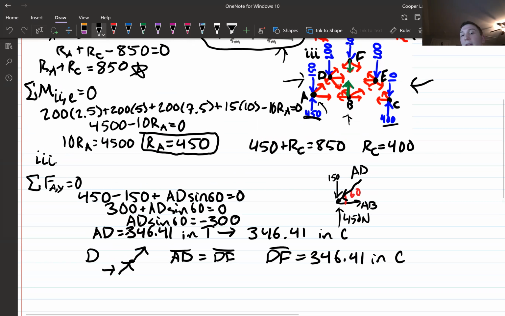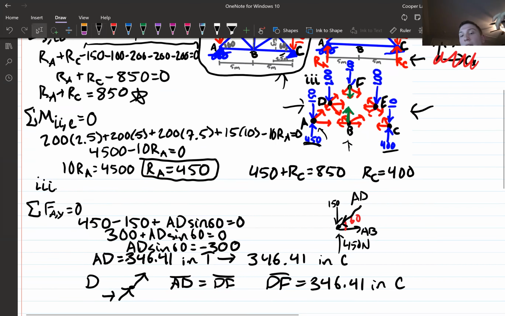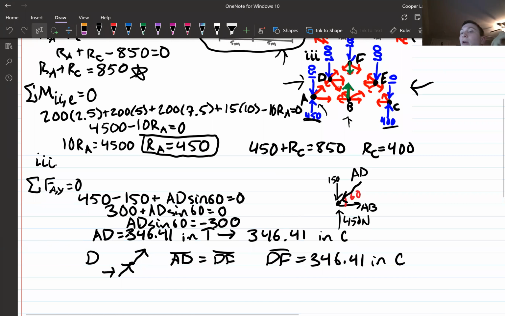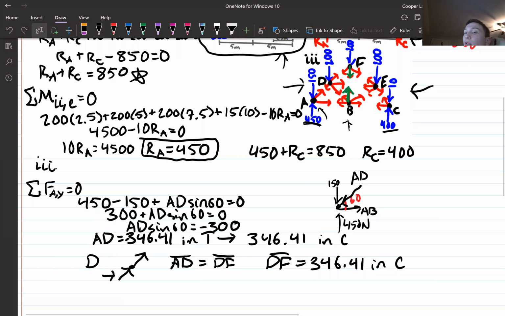Now, if I look back at this, I also can tell at point D, none of the other forces are going to affect point F. So that moves me on to point F, where now I only have 2 unknowns, while if I was to keep pushing through point D, I still have another 3 unknowns to solve. So I'm going to move on to point F now because I already discovered one of the forces going there.